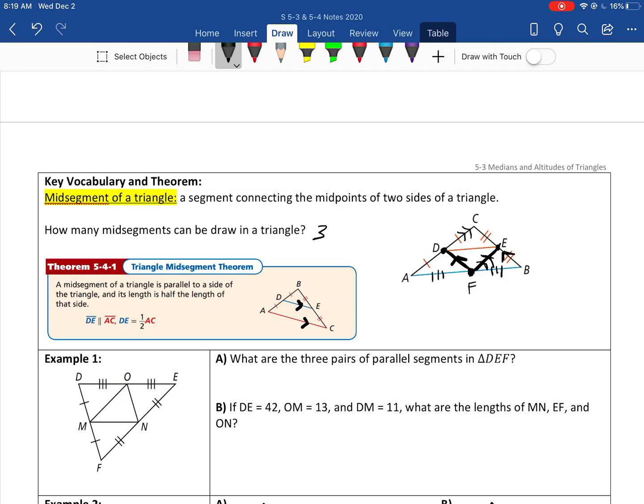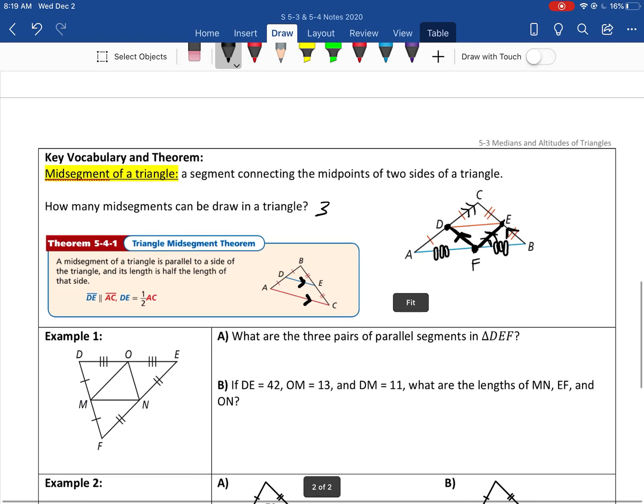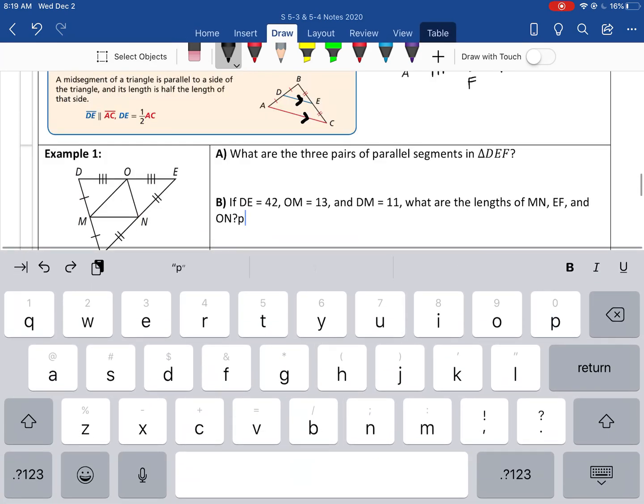And you need to know that your midsegment is half the length of the parallel side, or the side that it is opposite of. Okay, so we're going to get an example of that in just a minute, but just remember, it is half of the opposite side. All right, so let's look at our example here.